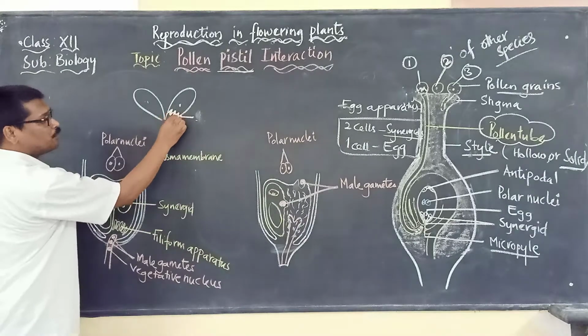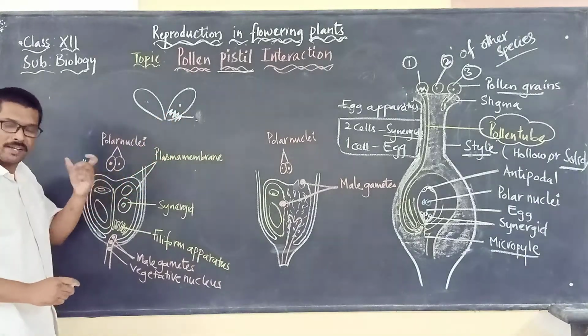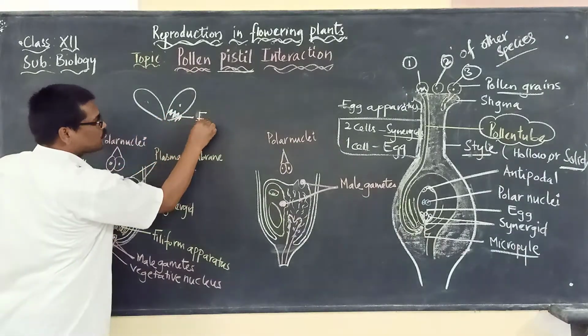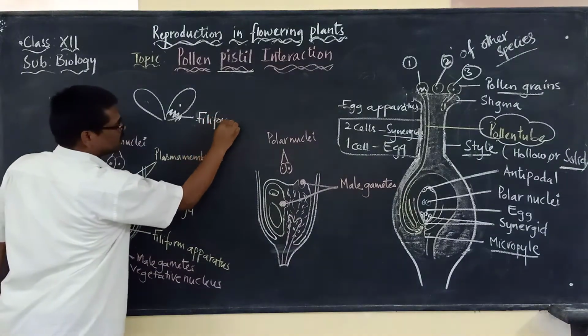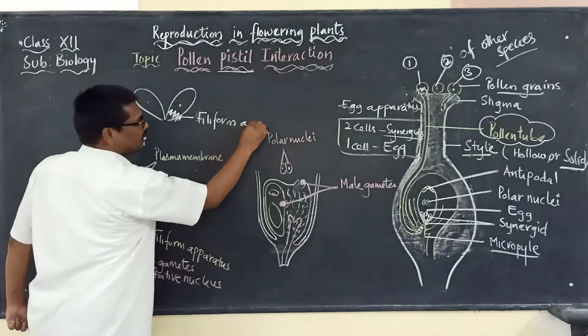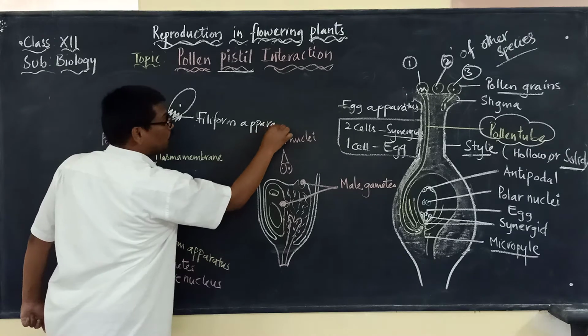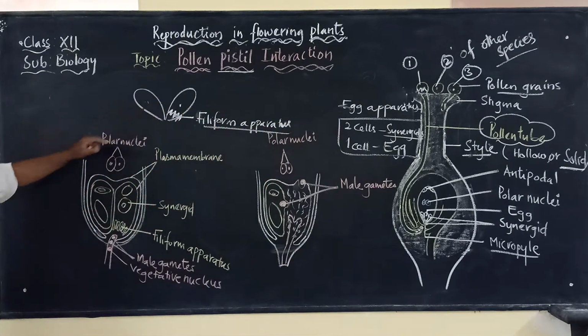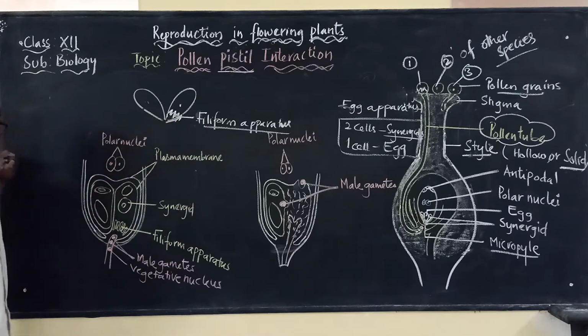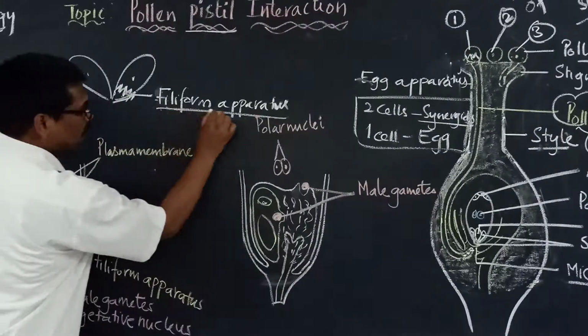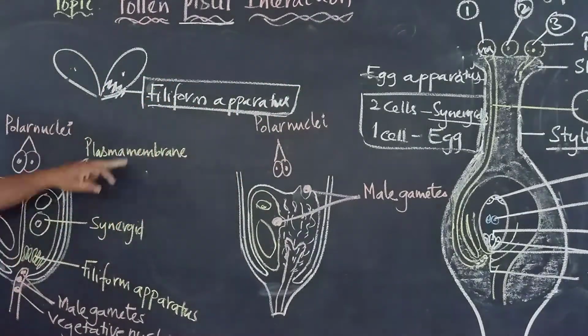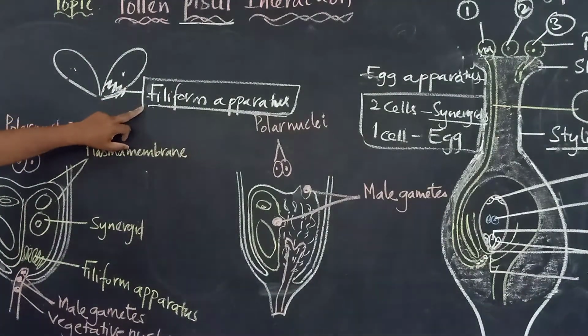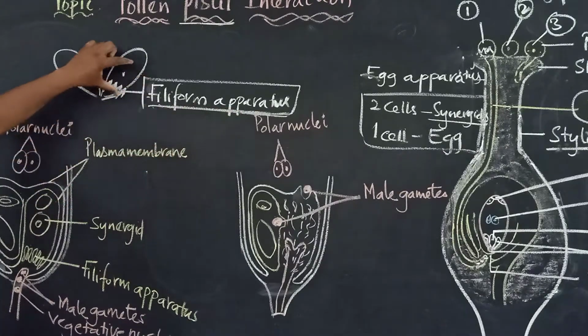These extensive infoldings present at the base of the synergids are called the filiform apparatus.